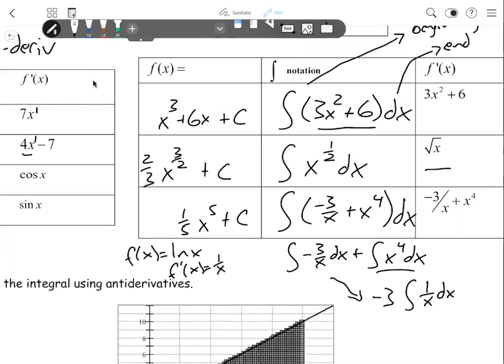Yes? So if my derivative is 1/x, then working backwards here, the value of this is going to be -3, and then the integral of 1/x dx is going to be the natural log of x. So this would be -3 ln of x plus 1/5 x to the 5th plus c.